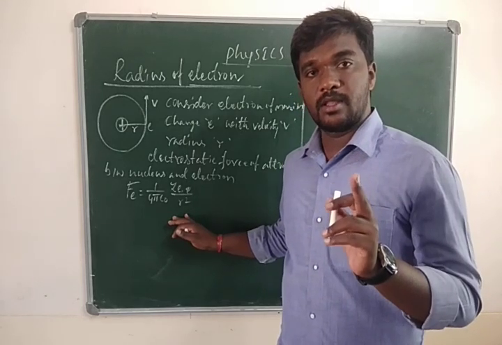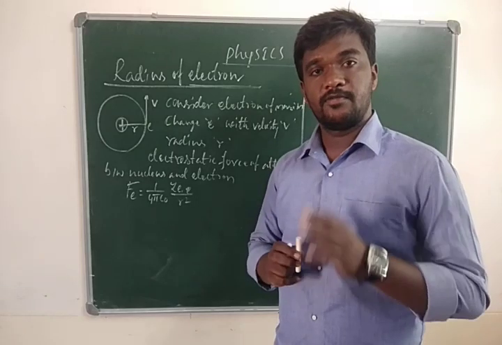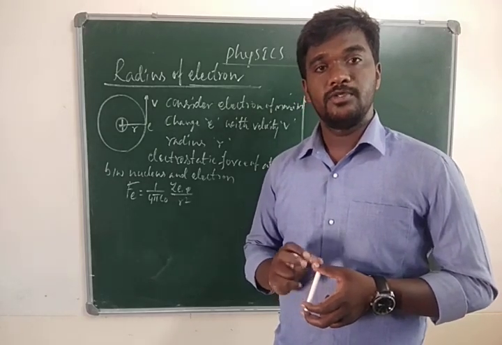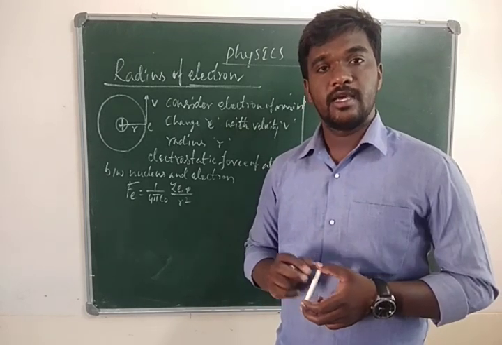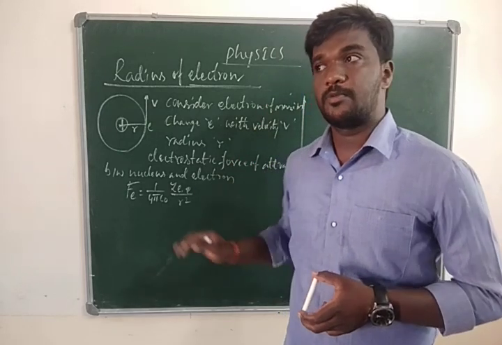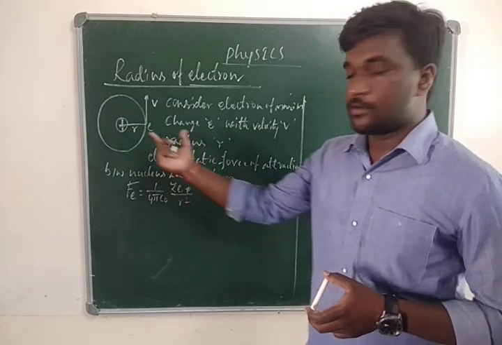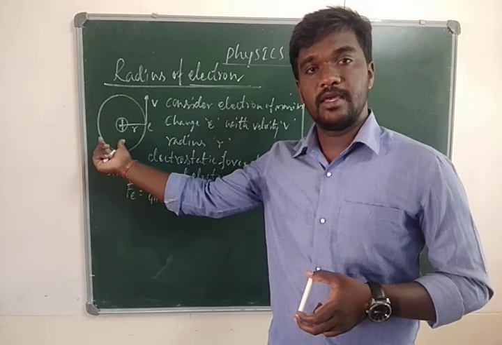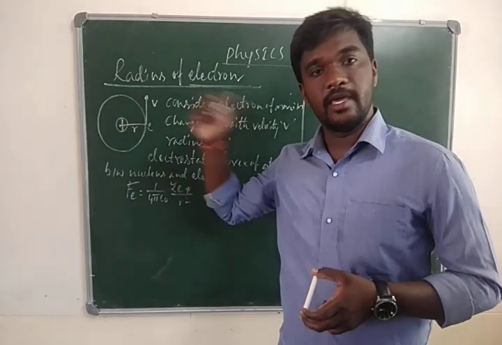According to Coulomb's law, the force of attraction or repulsion between two charged particles is directly proportional to the product of the magnitudes of the two charges and inversely proportional to the square of the distance between them. Here the force of attraction happens between the nucleus of charge Ze and the electron of charge e.